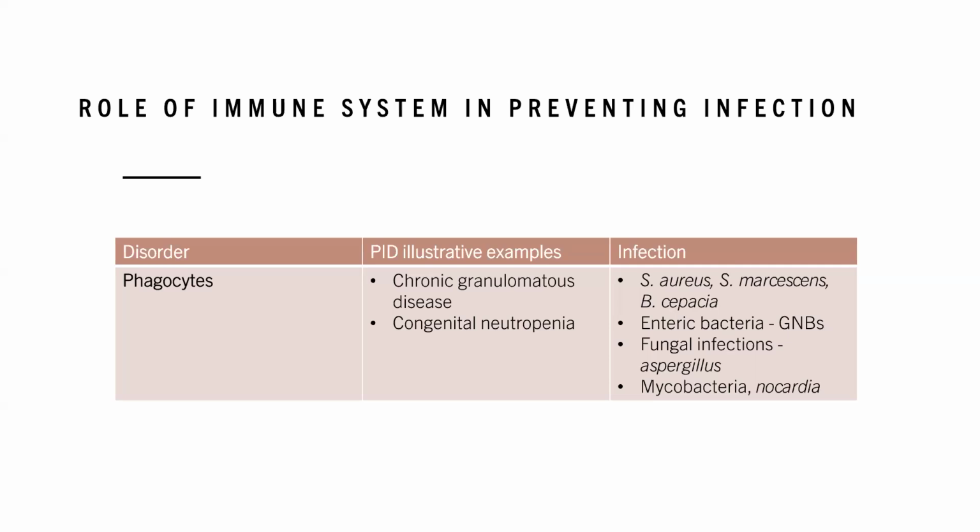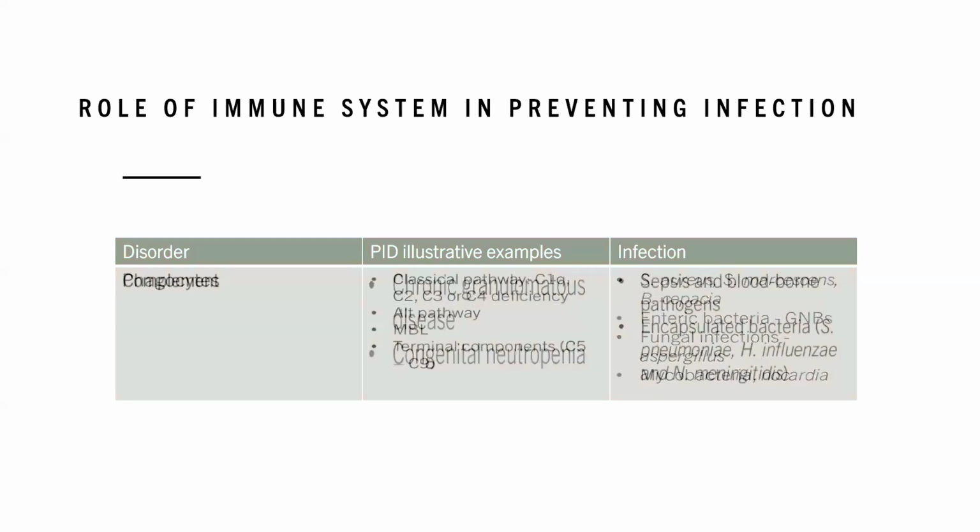Or things like congenital neutropenia, where people are born without neutrophils. And so these deficiencies normally result in susceptibility to generally bacterial infection and sometimes fungal infections as well, in particular Staph aureus and Burkholderia and Serratia. Some susceptibility to mycobacteria as well, but phagocytes mostly bacterial and fungal susceptibility.